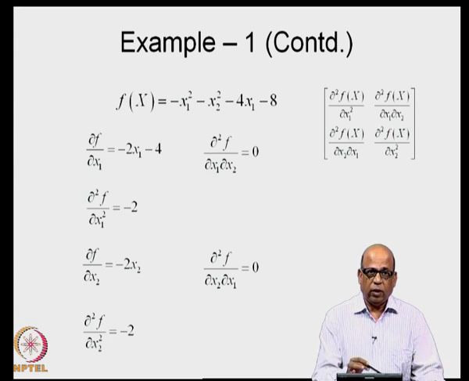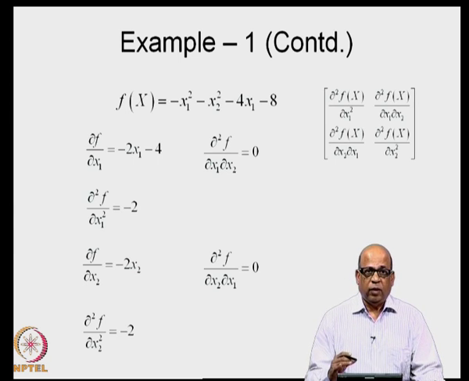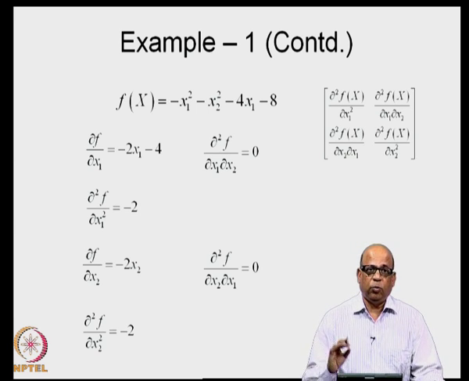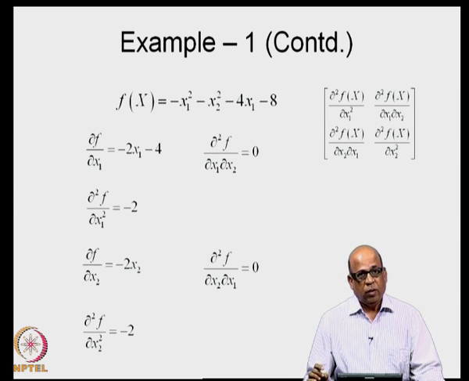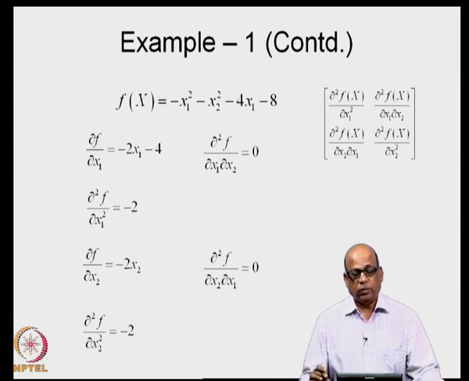The fact that these are independent of the values of x1 and x2 may lead to the conclusion that the Hessian matrix is positive definite or negative definite in the entire range where the function is defined. If it is positive definite, which means a minimum value, it may lead to a convex function. If it is negative definite, it may lead to a concave function.